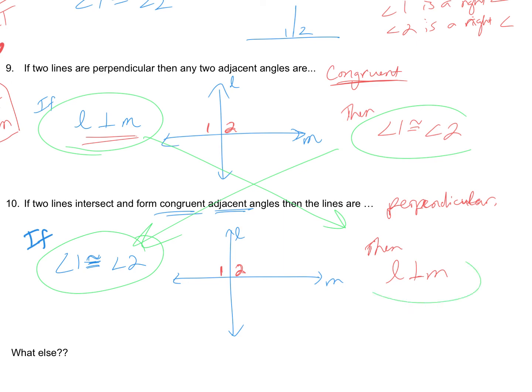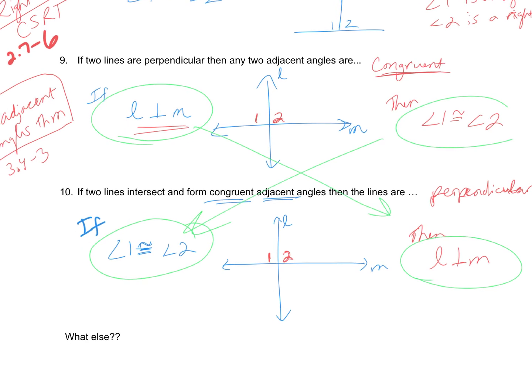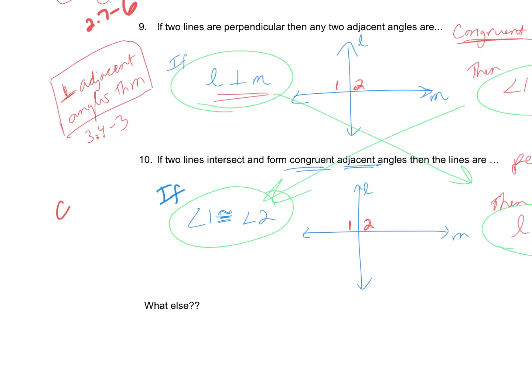And since this is a converse, let's save ourselves the trouble of renaming it as a different thing, and let's call it a converse. So I'm going to call this converse of perpendicular adjacent angle theorem. That's still a lot.